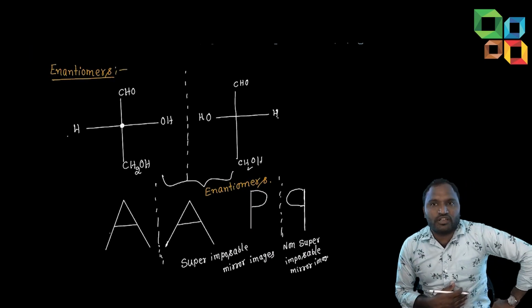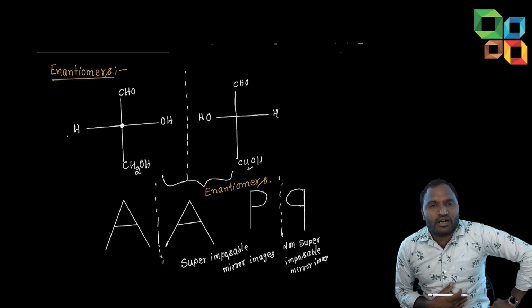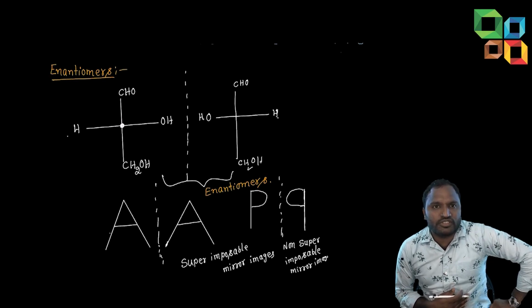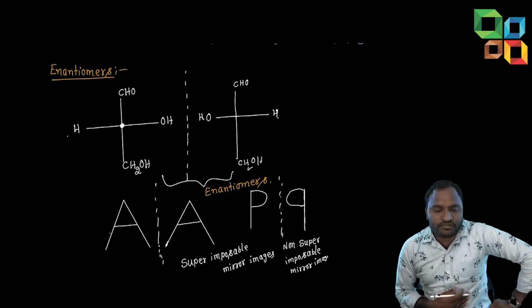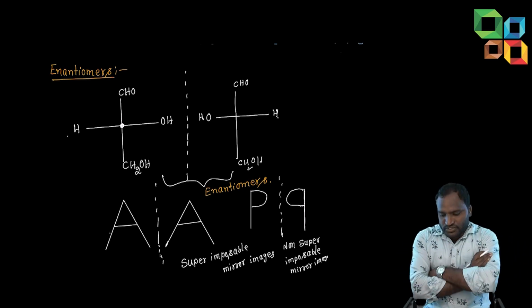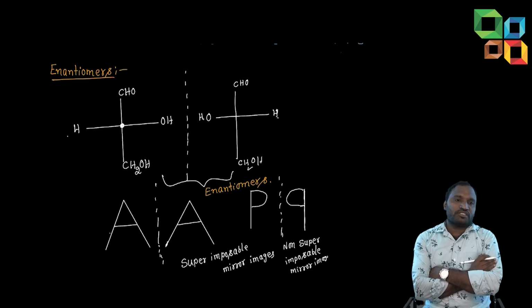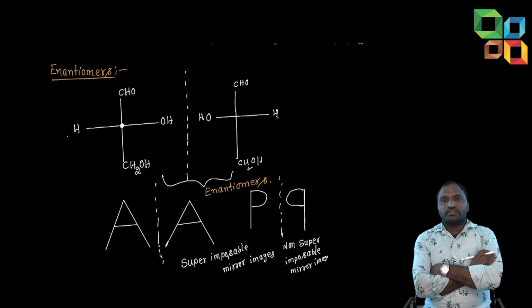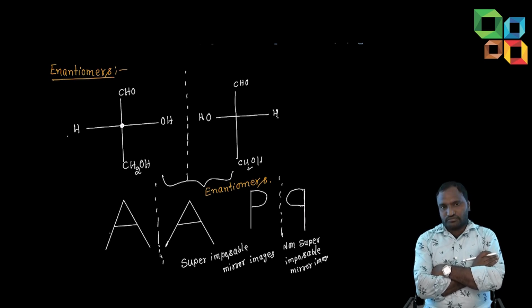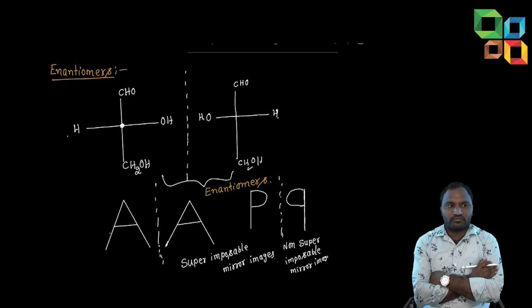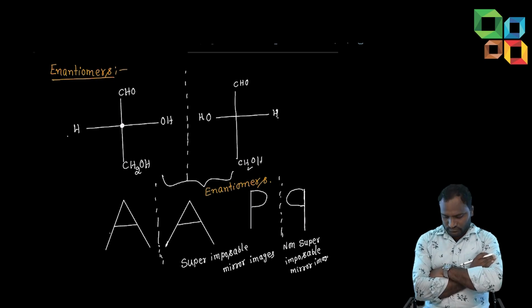Or simply you can write in one sentence: compounds which can form non-superimposable mirror images are called enantiomers.